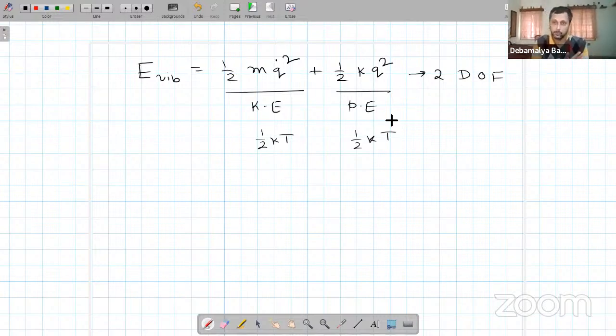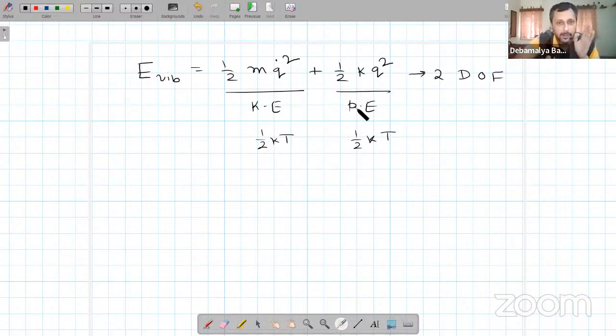But if we have a microscopic vibrator that can be treated through the classical equipartition theorem, then irrespective of the functional form, whether it is kinetic energy or potential energy, both will have equal contribution of half kT to the total energy of the system.